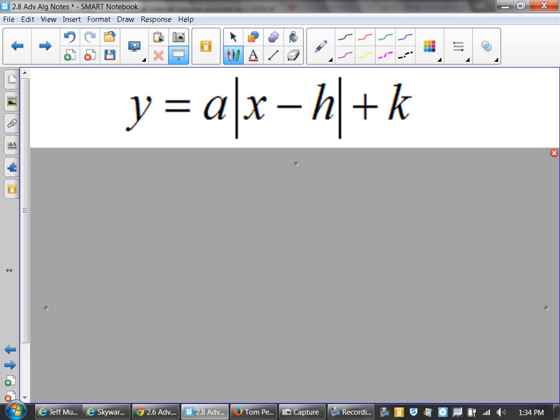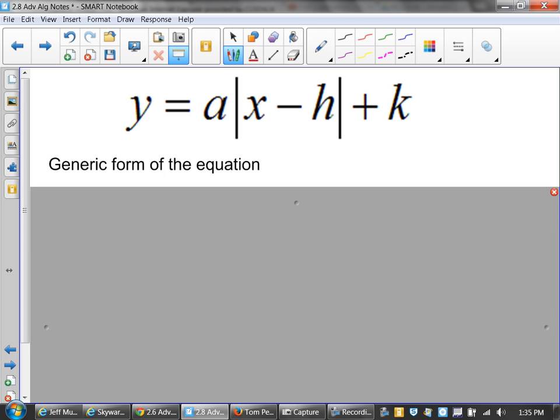The generic form of every single absolute value equation is the following: y equals a times the absolute value of x minus h, plus k. Does the absolute value take on the shape of parentheses? Yes, great question. The absolute value takes on the role of parentheses in your order of operations.